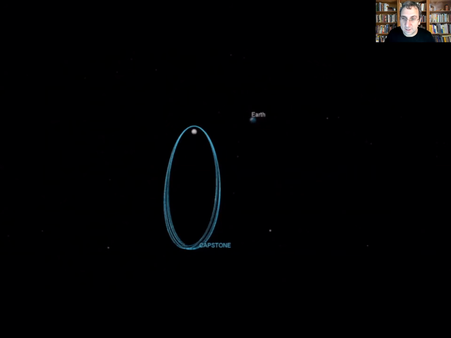It's called an almost rectilinear halo orbit. It seems to be orbiting the moon, but it's really in some interesting 3D orbit where the normal to the orbital plane can almost be pointing at the Earth. We'll see how that progresses. Each of these orbits, I would guess, is about a week.